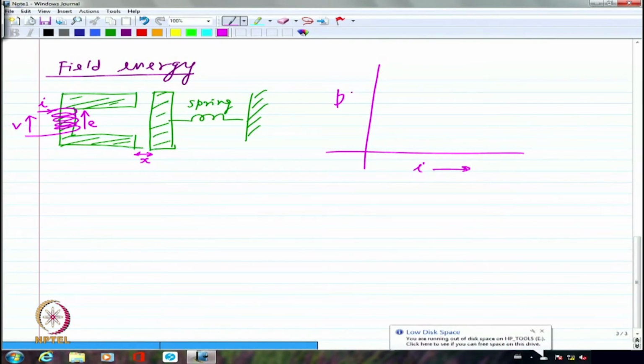how my flux is increasing, or I may write N times phi, how that is increasing. Either way is fine. N is the number of turns.